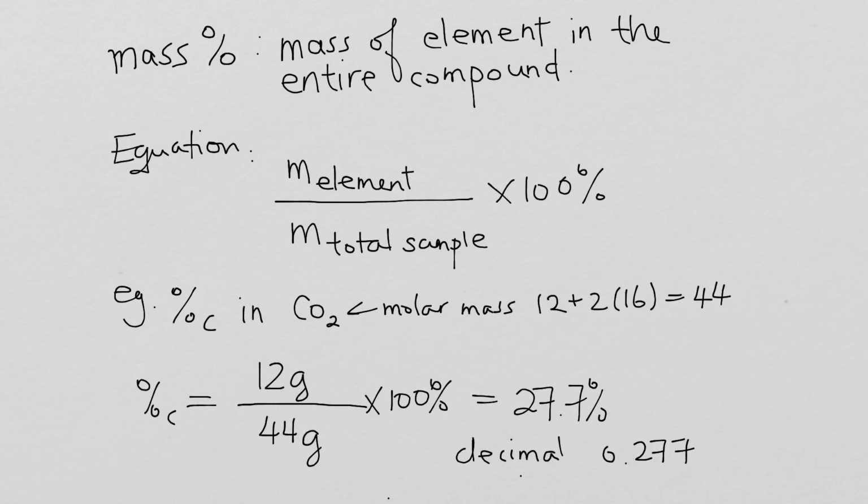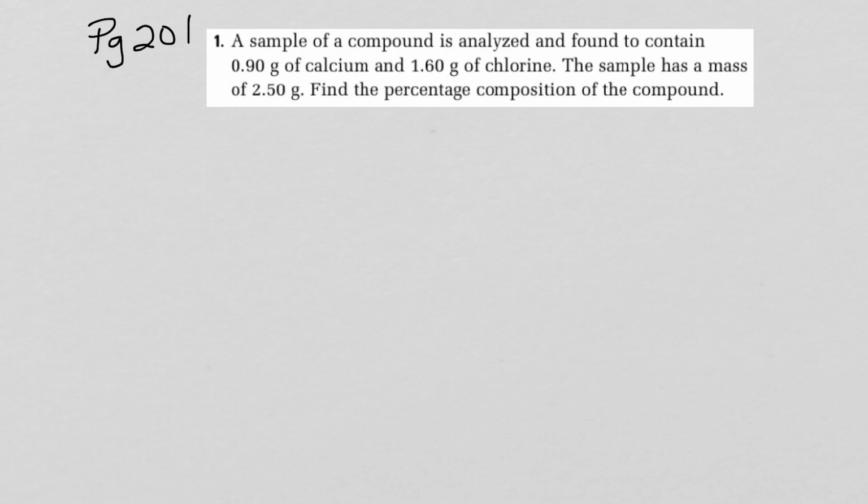Okay. So let's take a look at another example. This is in the textbook, page 201, question number 1. It says a sample of a compound is analyzed and found to contain 0.90 grams of calcium and 1.60 grams of chlorine. The sample has a mass of 2.50 grams. Find the percent composition of the compound.